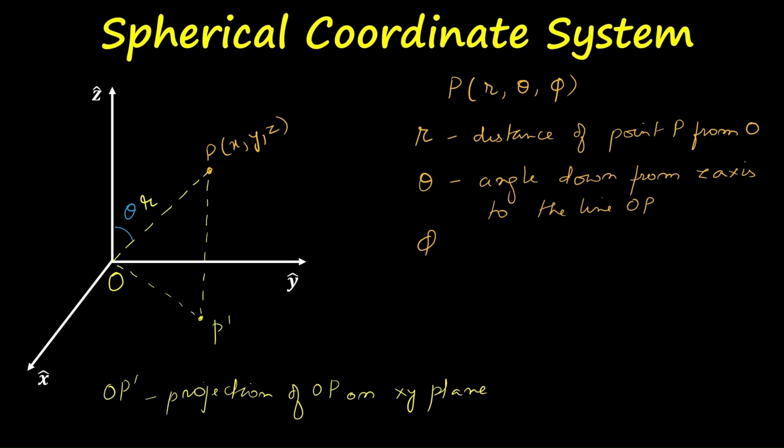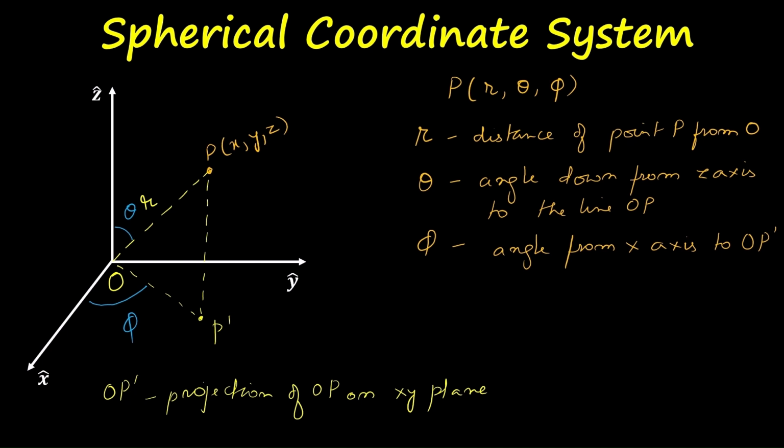Now, the angle between the x-axis and the projection OP prime, this angle, this is phi. So, phi is the angle from the x-axis to OP prime, which is the projection of OP on the xy plane.